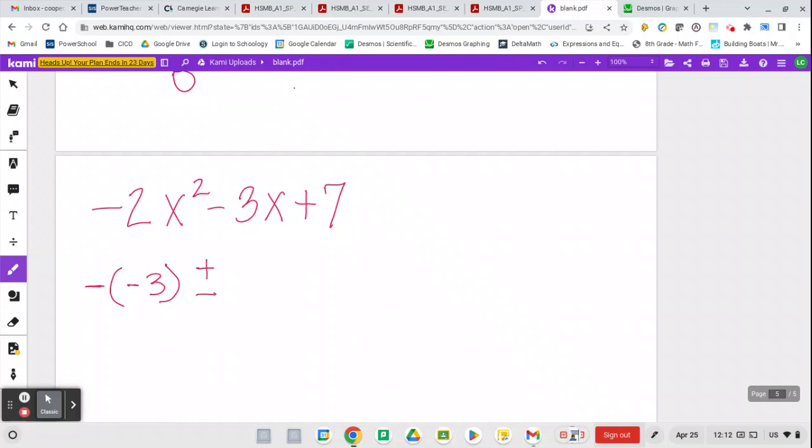All that means is you do plus one time around, copy, paste it, and do minus. The square root of negative 3 squared minus 4 times a, which is negative 2, times c, which is 7. Do you guys see how I did that?